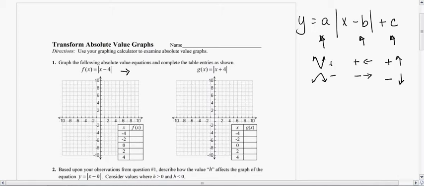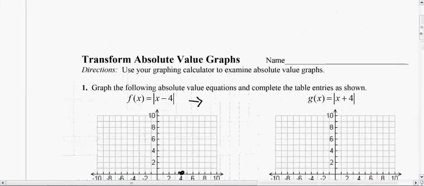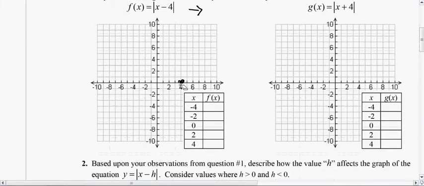It's going to go to the right, so I know that my absolute value graph is going to start over here at 4. And I think I better zoom in a little bit so I can do a better graph. There we go. And maybe I'll pick a different color also. We'll try blue. All right, I guess I'm doing black. Here's my first point, 4.